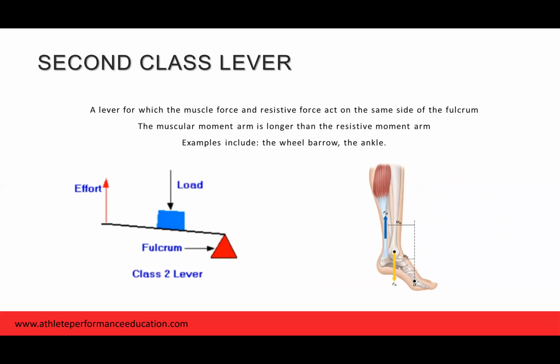Our second class lever is a lever for which the muscle force and resistive force act on the same side of the fulcrum. The muscular moment arm is longer than the resistive moment arm. This is the lever we use, or is designed, when we're trying to move heavier loads. So a classic example of this would be the wheelbarrow, where you have the big tub, which you can fill up, and you have the small fulcrum at the front where the wheel is, which allows us to pick up and move heavy objects.